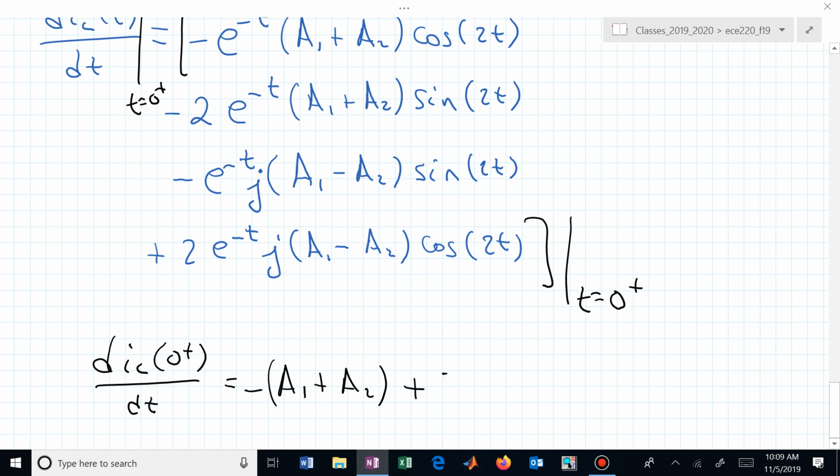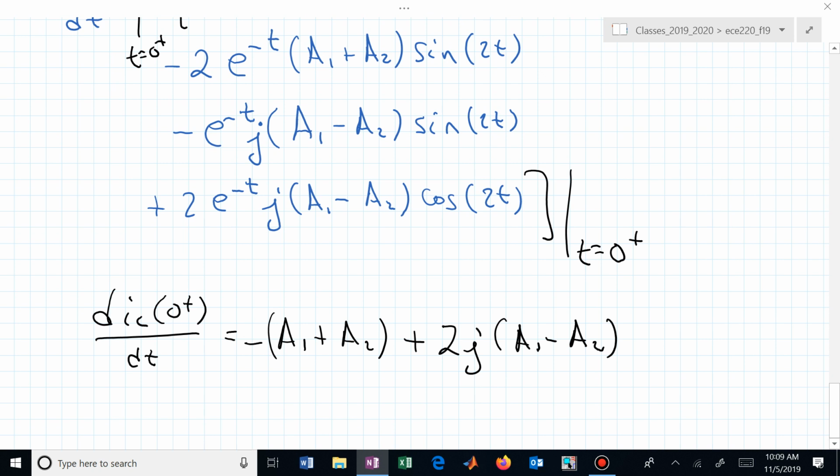It's now plus 2j times a1 minus a sub 2. We okay with those steps?